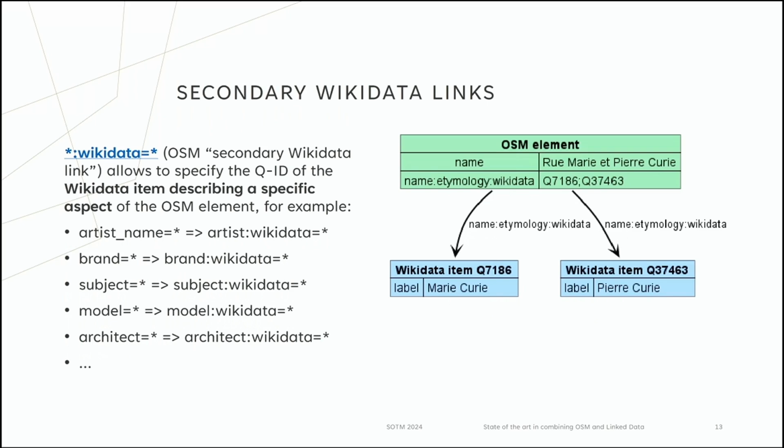For example, let's say we wanted to specify the brand of a certain shop. We can do it through the brand tag and specify it by plain text. This is okay, but it has some drawbacks. For example, the name of the brand could be slightly different in different languages.